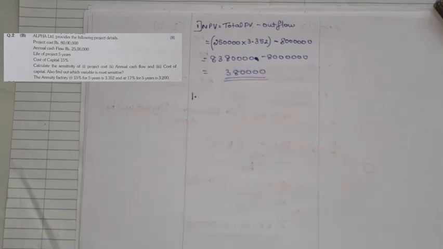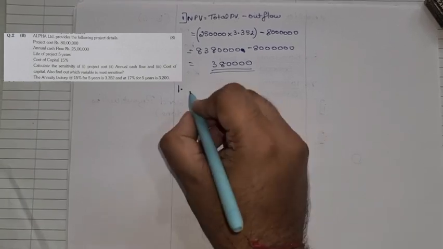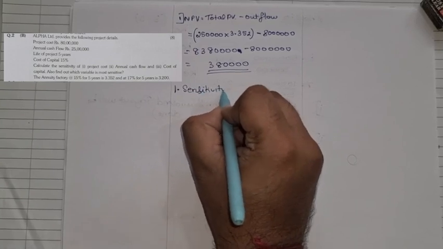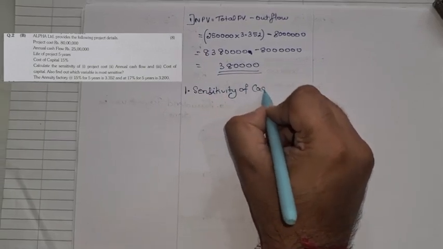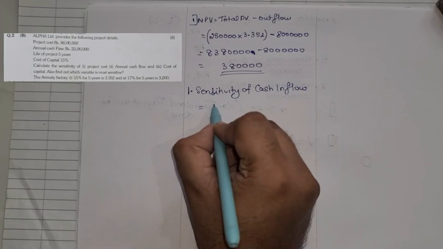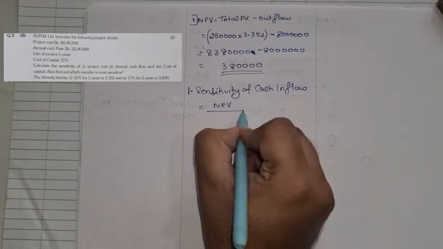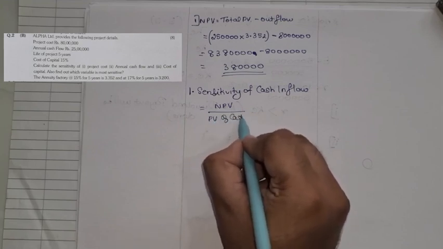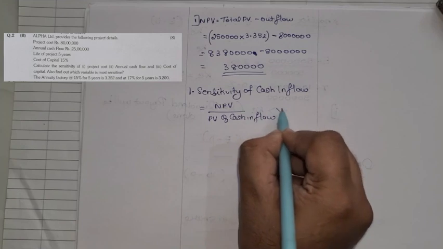Now a lot of things. First, they ask you to find it for the project cost, then cash flow, and then the cost of capital. The very first thing we'll have to find is the sensitivity of cash inflow. The formula is very simple. It will be NPV, what we have found, upon the present value of cash inflow into 100.